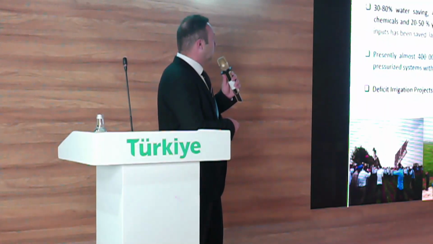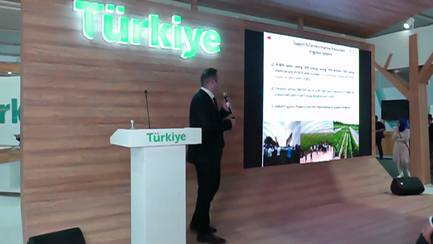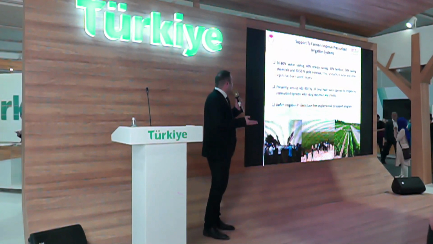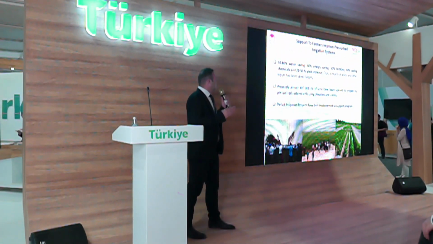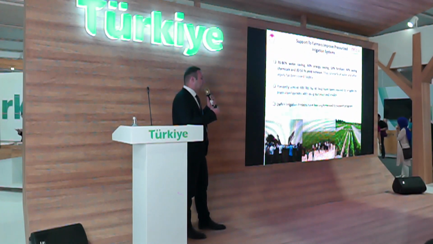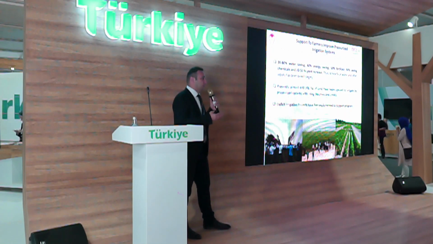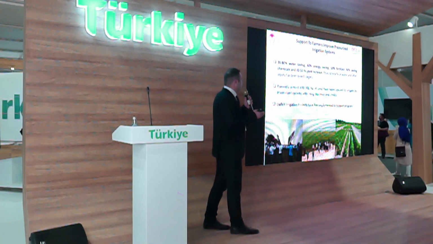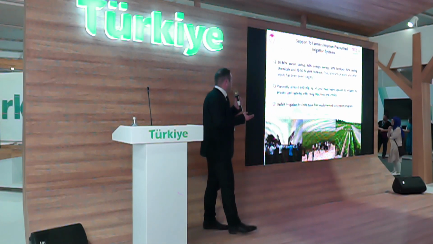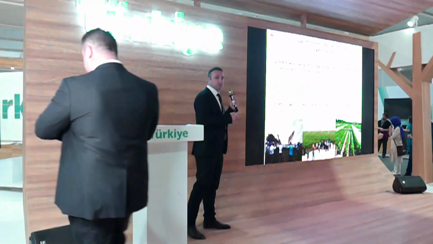Also, another project is to support the farmers to improve the pressure irrigation system. We had 30 to 80% water saving. Also, 40% energy saving, 50% fertilizer saving, 30% chemicals saving, and 20 to 50% yield decrease.